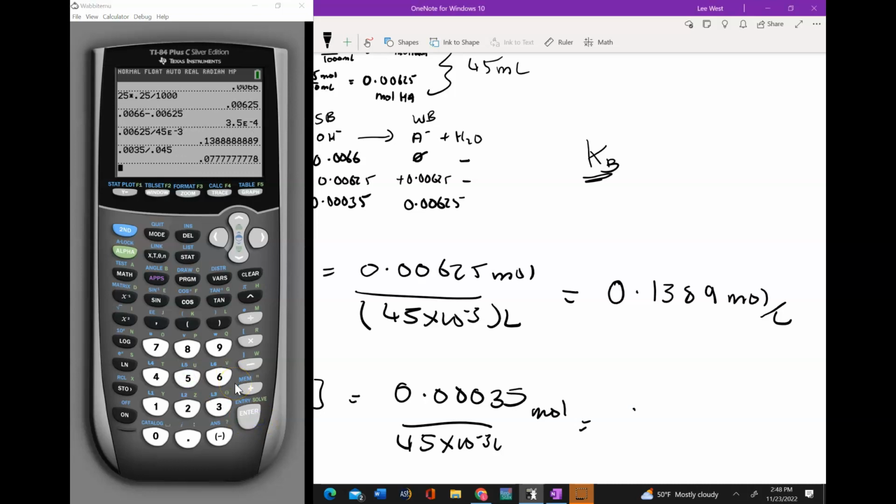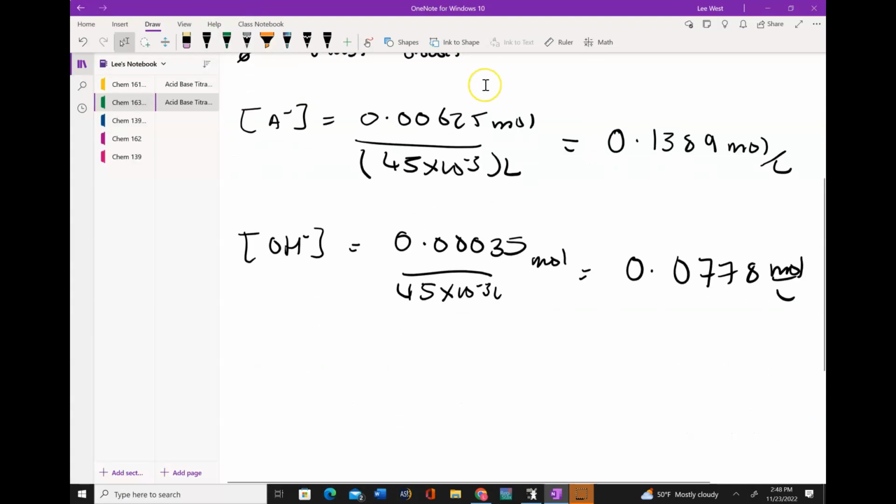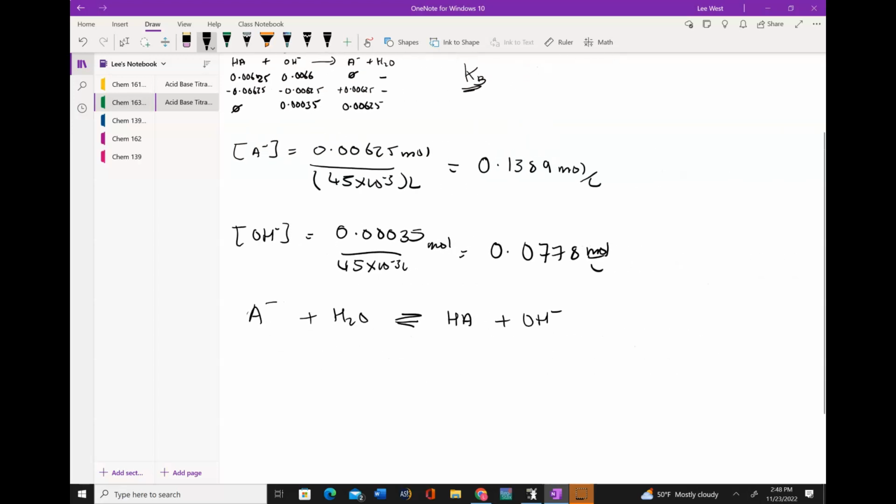There we go. And so then that is 0.0778 moles per litre. So we're going to do a Kb ICE table. We know that we've got A minus plus water in equilibrium with its conjugate acid and hydroxide ion.